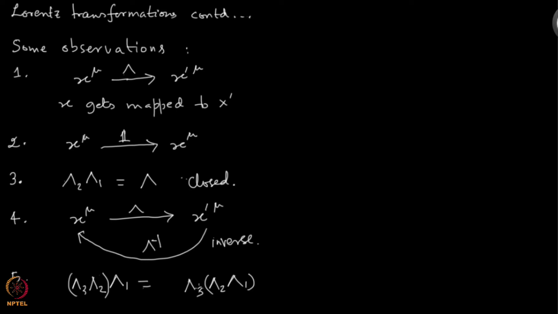This is called the associative property. These properties are true because you already know that lambdas are matrices, the multiplication here is matrix multiplication, and matrix multiplication is associative. So these properties which I have listed are mostly due to lambda being a matrix.